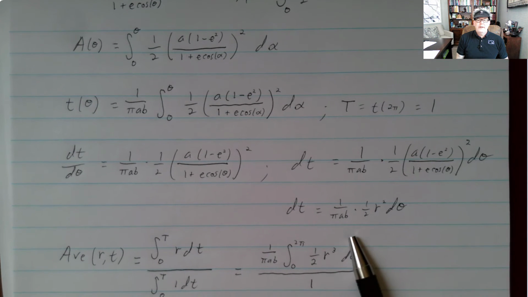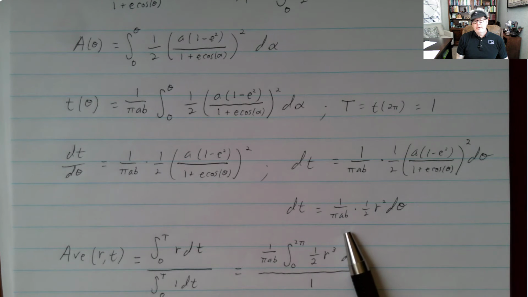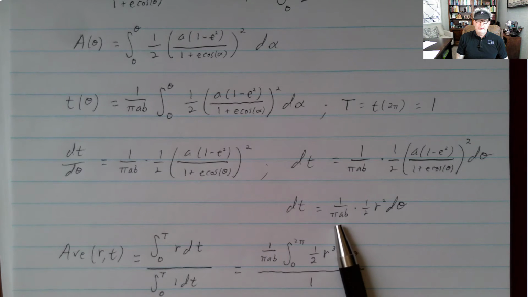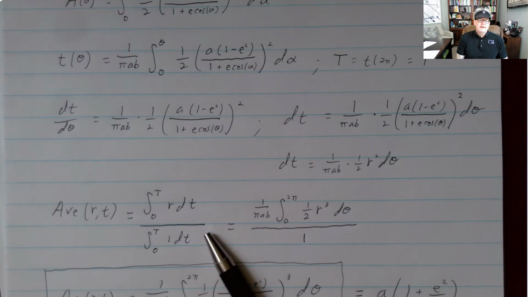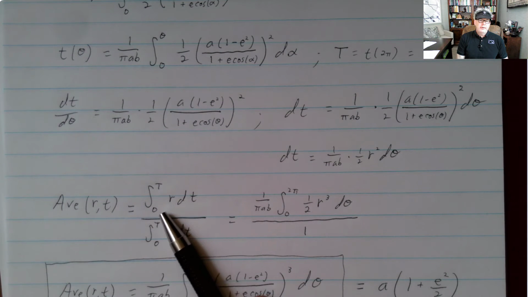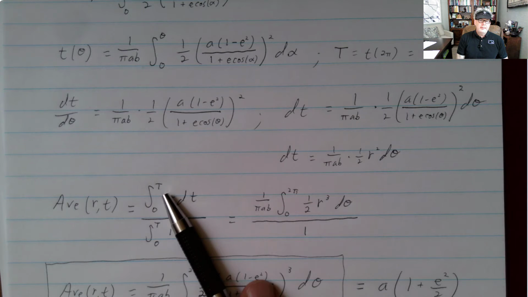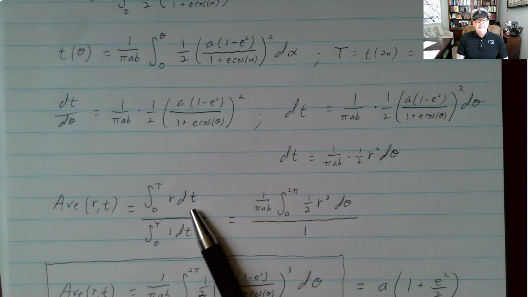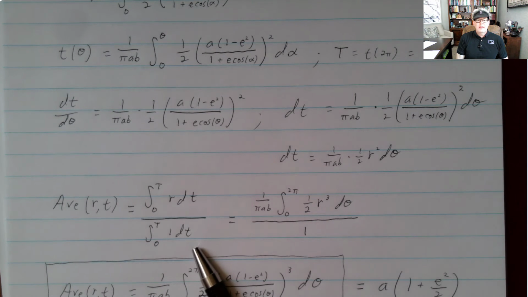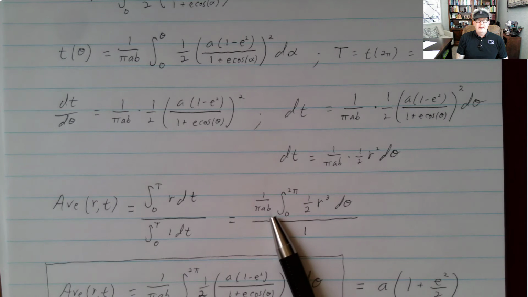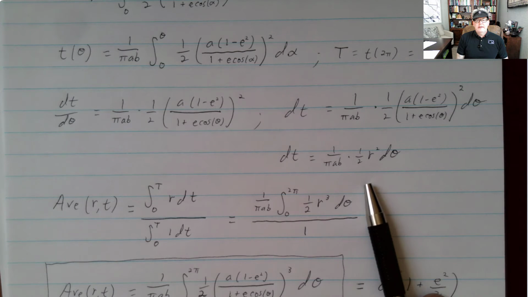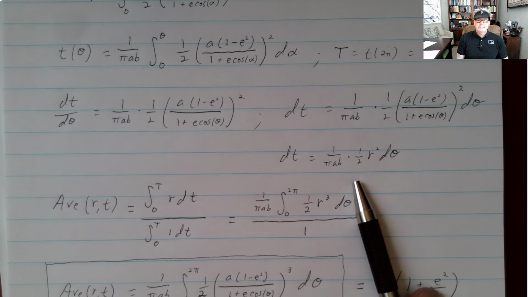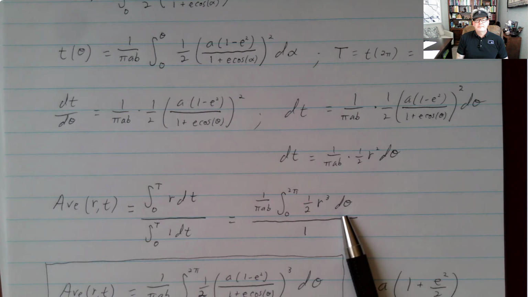So essentially 1/2 r squared d theta is proportional to dt, and depending on what you want to do, I put in a 1 over pi AB. So the average value: you want to integrate from 0 to the period to go once around the orbit of r dt divided by the integral of 1 dt, and that's just going to be 1 over pi AB, integral from 0 to pi, 1/2. So dt is r squared, so r dt will be r cubed.